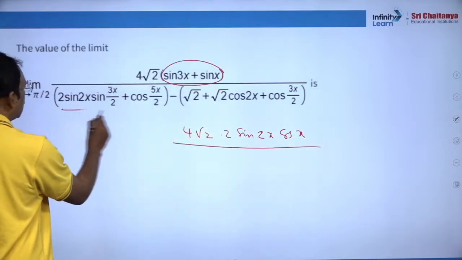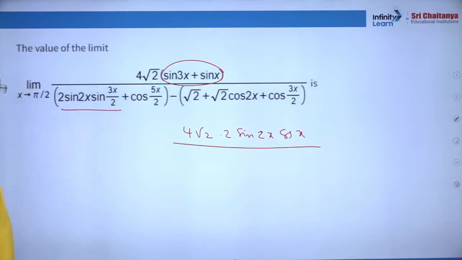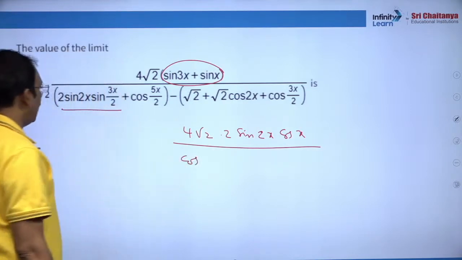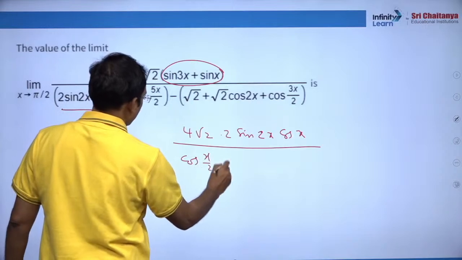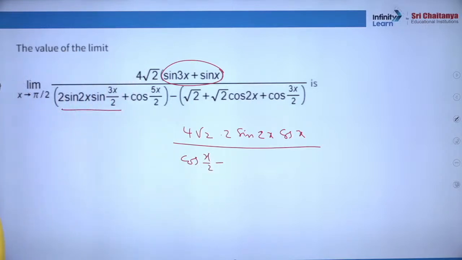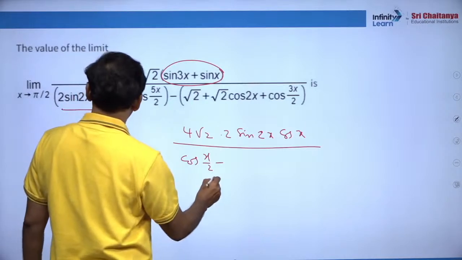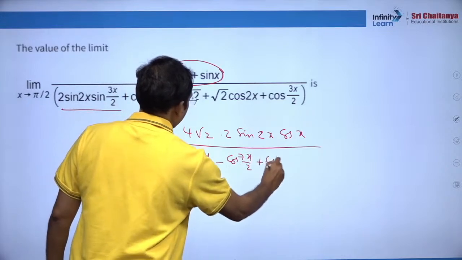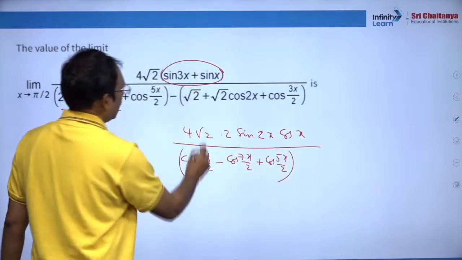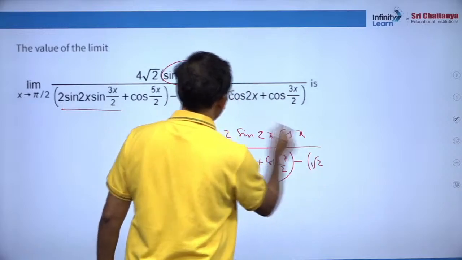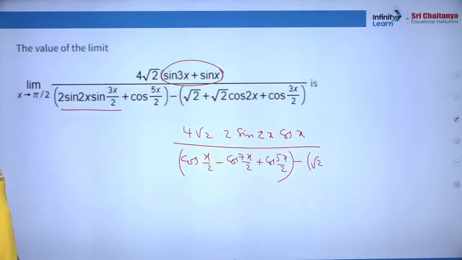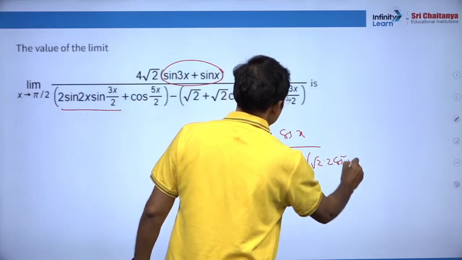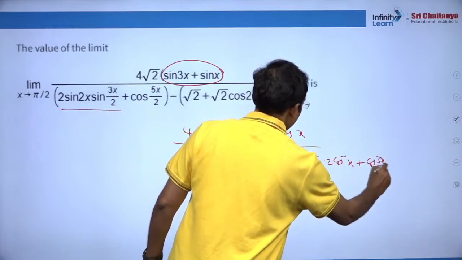Here also it is 2 sin a sin b, which you can write as cos (a minus b) minus cos (a plus b), which is cos x by 2 minus cos 7x by 2 plus cos 5x by 2, minus, here you can take root 2 common, 1 plus cos 2x, you can get like 2 cos square x, plus cos 3x by 2.